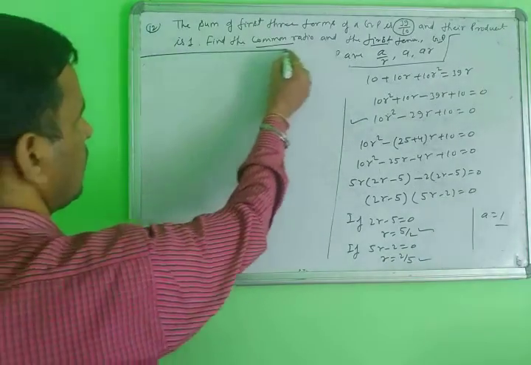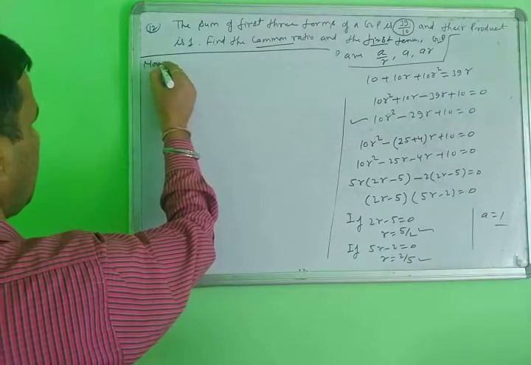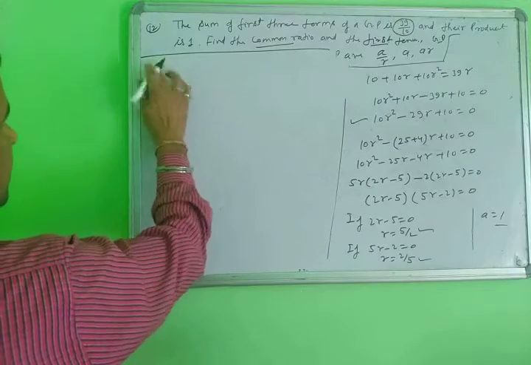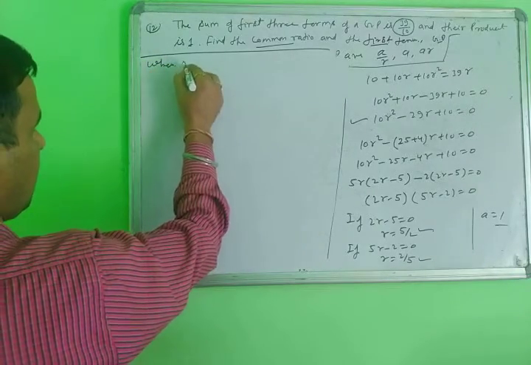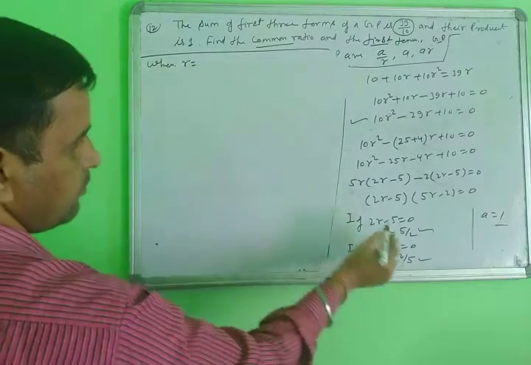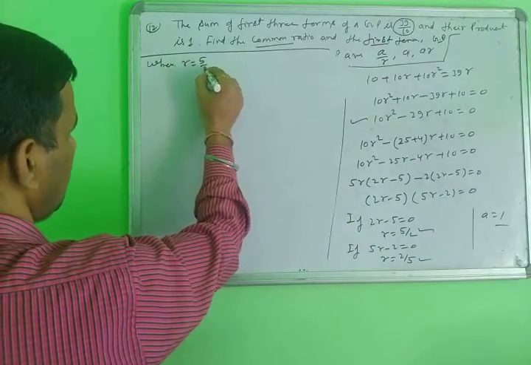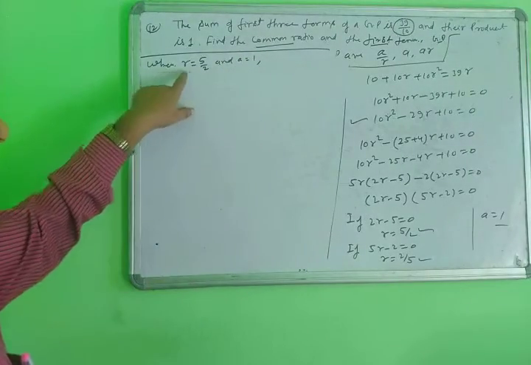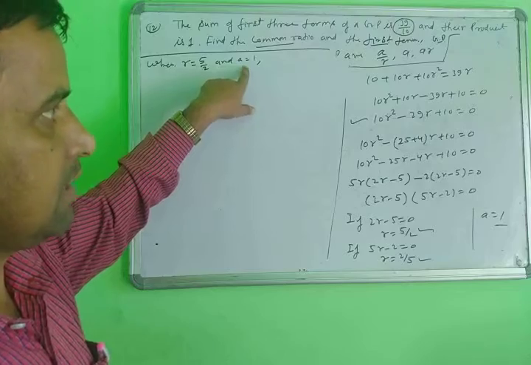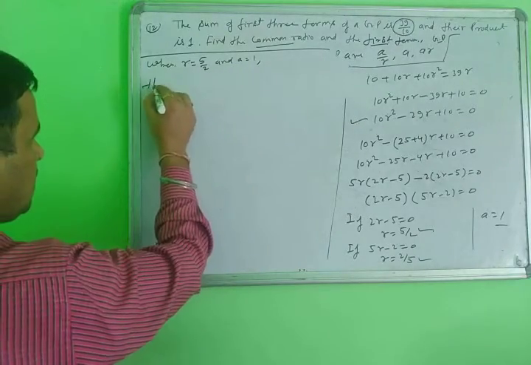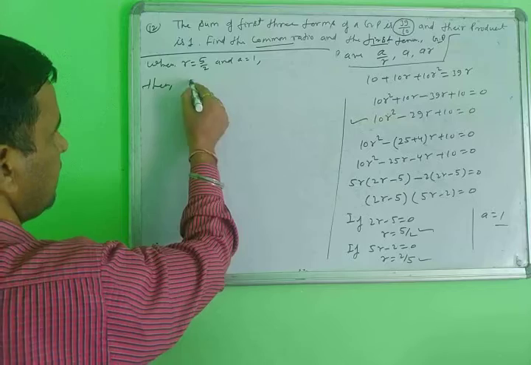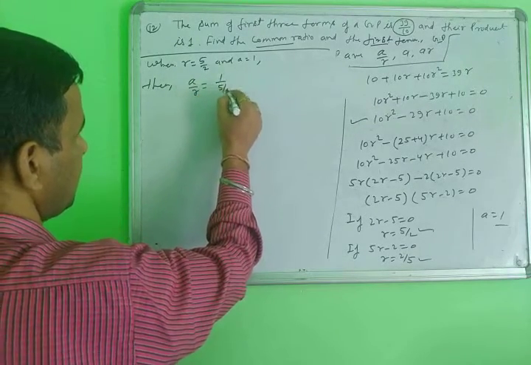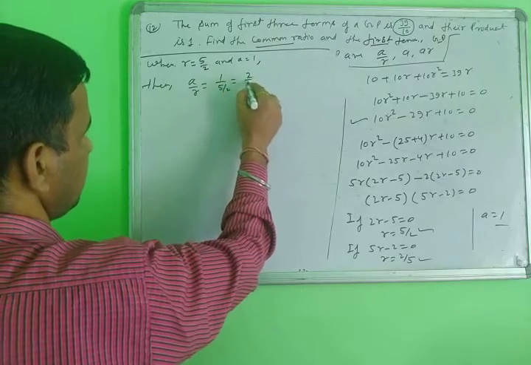Now, when r equals the first value 5 by 2 and the value of a equals 1, then A upon R equals 1 upon 5 by 2, which means 2 by 5.